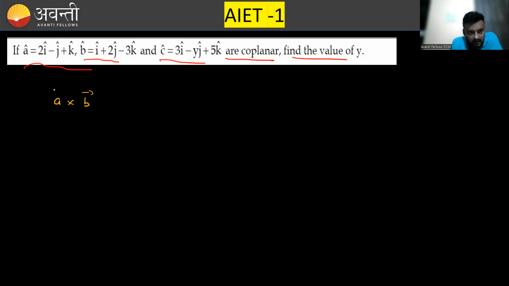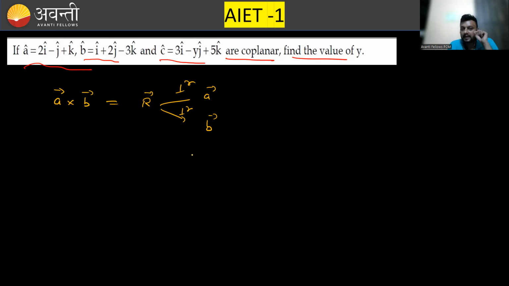Let's suppose its resultant is some vector R. Clear? So this A cross B, the resultant R, will be perpendicular to both A and B. This is what you know. R is perpendicular to both A and B.